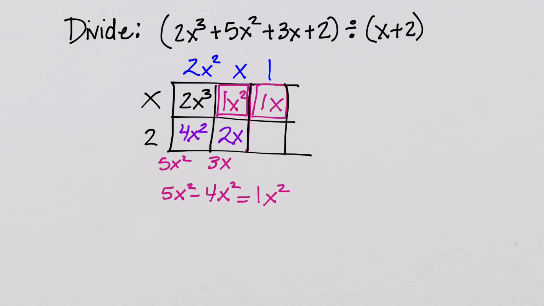So then 1 times 2 is 2. Now what we have to look at here is, again for the remainder, 2 plus this box must make 2. So that means we have a remainder of 0.